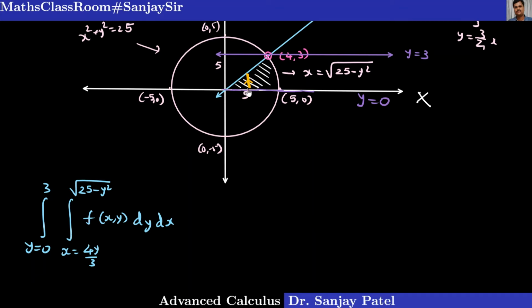Here you can see for this particular position, the lower end of the strip is on this x-axis and the upper end of the strip is on this line x is equal to 4y by 3. That is the blue line. But if I take a strip over here, say somewhere here, then the end curves of the strip change. Here the lower end is x-axis, but the upper end is this circle.